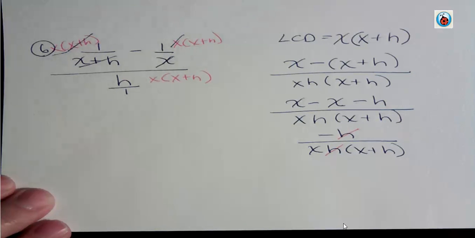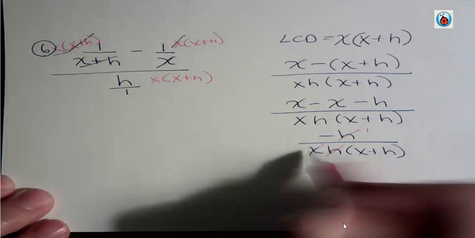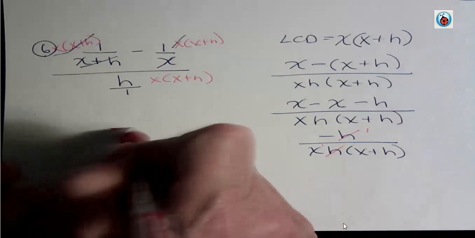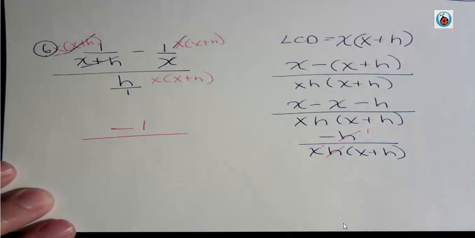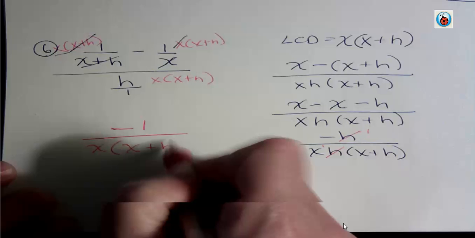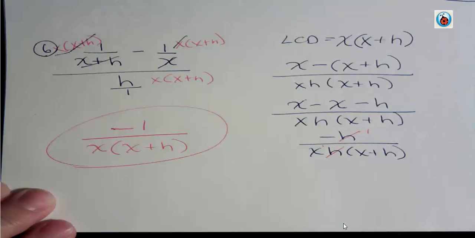But remember, when you cancel something, it doesn't become 0, it becomes 1. So this is 1 too, but 1 times x is just x. So my final answer is going to be negative 1 on the top, and then x times x plus h on the bottom. I don't need to show that 1 times x because 1 times x is just x.